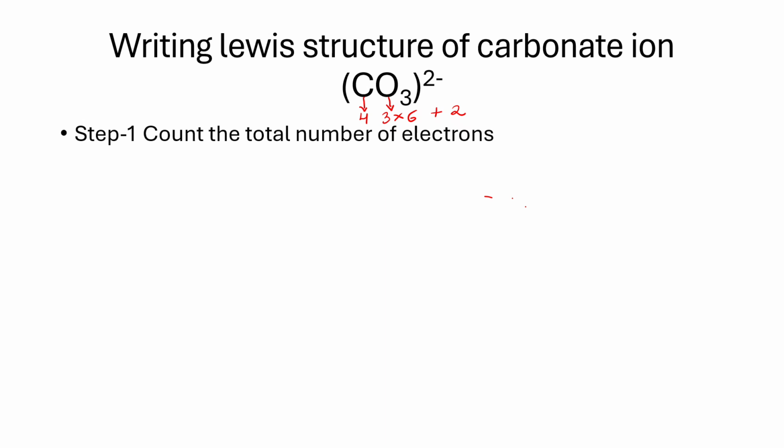So if we add this together, we have 4 plus 18 plus 2, so that amounts to 24 electrons, which means our resultant resonating structures should have 24 electrons in them.